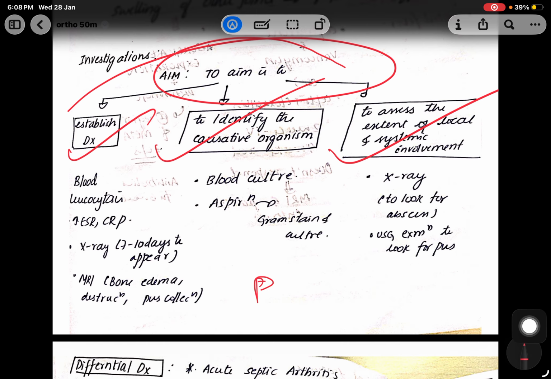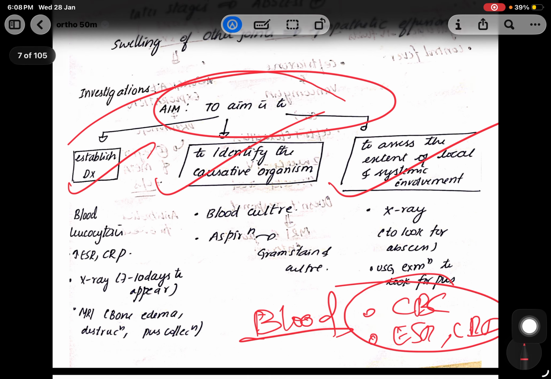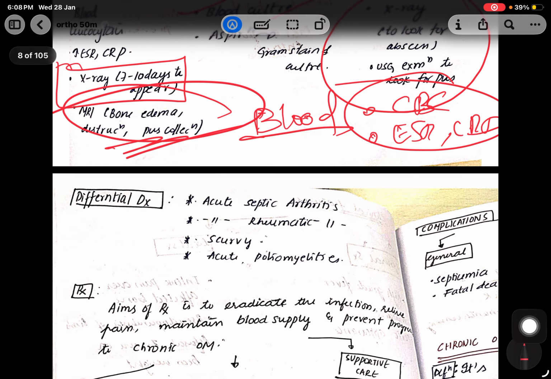You have blood investigations: CBC, ESR, CRP. And if you wait for an X-ray to diagnose, you're a fool, because you have to order an MRI and diagnose as soon as possible, because it is more sensitive. Then to identify the causative organism, you have to go for blood culture, and also you have to know the systemic involvement.